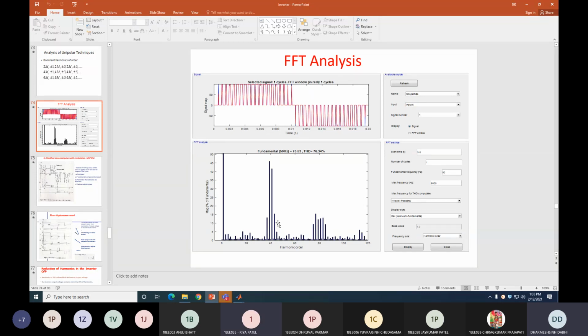Yes, sir. So to remove the 39 and 41 order harmonics, we require a small filter because the frequency of these harmonics is high. So the values of L and C required are small, as compared to the bipolar case where the dominant order harmonics are 18, 20 and 22. So the frequency is less in that case.